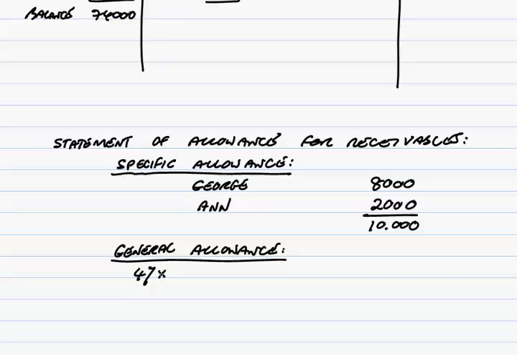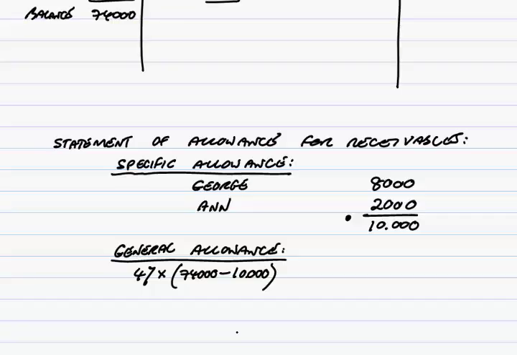And how can we check? Well, if you look back at receivables, after removing the bad ones, we're hoping to get 74. However, of that 74, we've just said that 10,000 of them we know are doubtful. And so the only ones we feel we're absolutely certain of are the remaining 64,000.